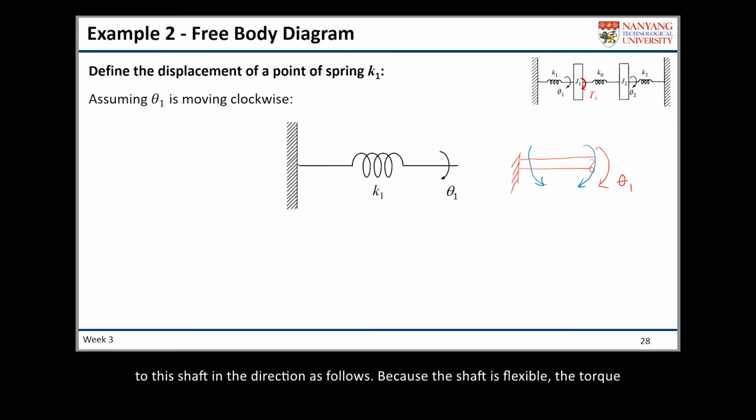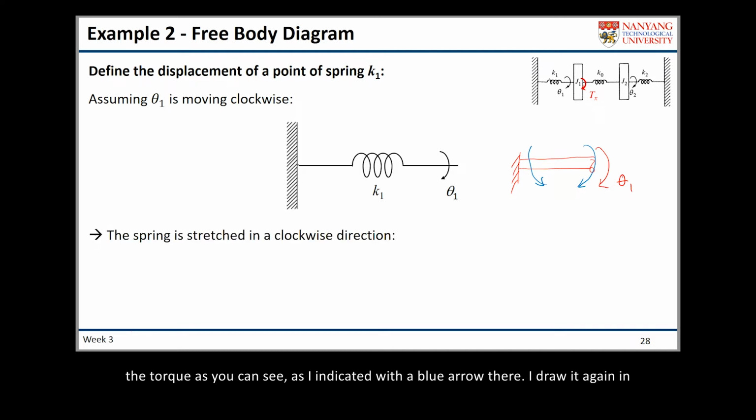Because the shaft is flexible, the torque that you apply to this shaft is proportional to the relative angular displacement of the shaft. So the torque will be proportional to θ1. Imagine you have a shaft, you fix the left end and then you try to twist the right end. So basically you are applying the torque, as I indicated with the blue arrows there.